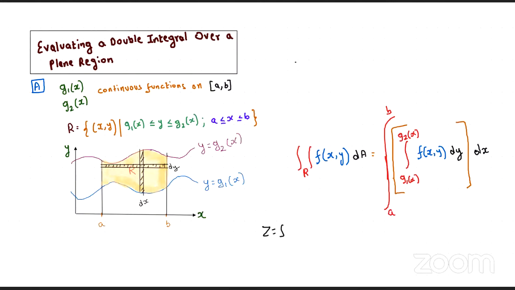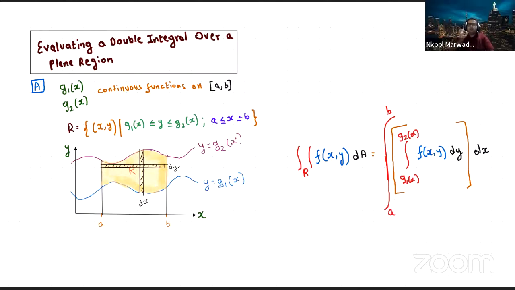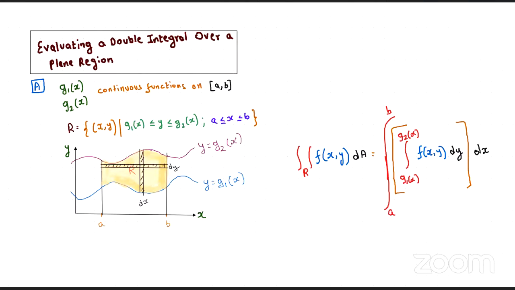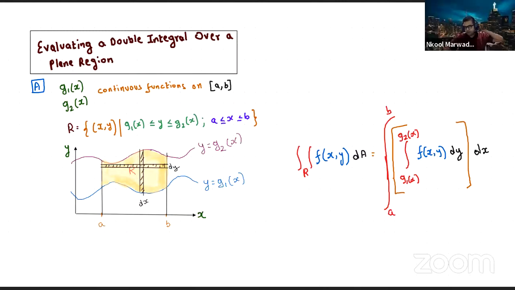But now our focus is that we have a weird surface with weird geometry, and we can calculate its area using this technique. First we integrated with respect to y, then whatever answer we got, we integrated with respect to x. This is one scenario.